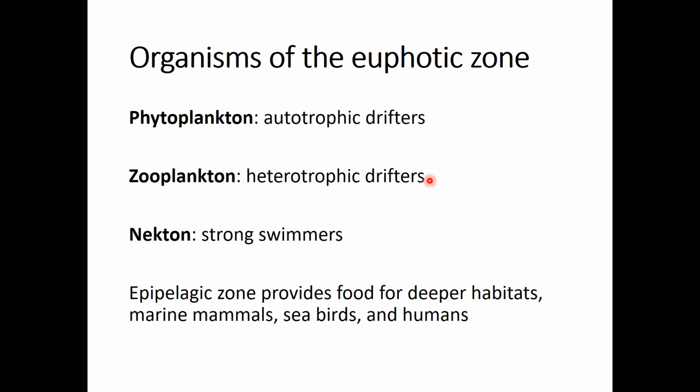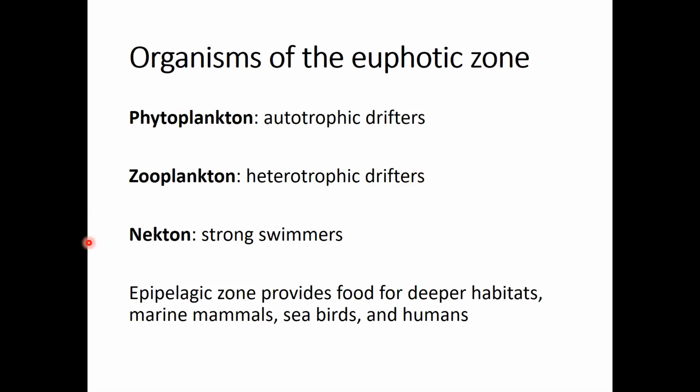And the nekton are strong swimmers. So these are bigger organisms and marine fishes, marine mammals that are able to swim through the water. Two different types of plankton we've learned about, the phytoplankton. So phytoplankton are able to photosynthesize. These are the autotrophic drifters. And zooplankton, which are the heterotrophic drifters.